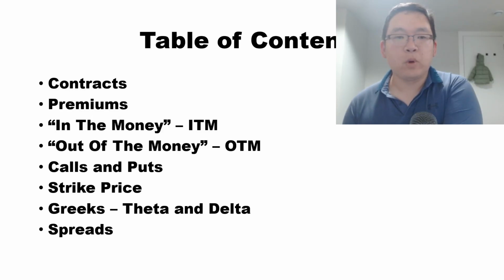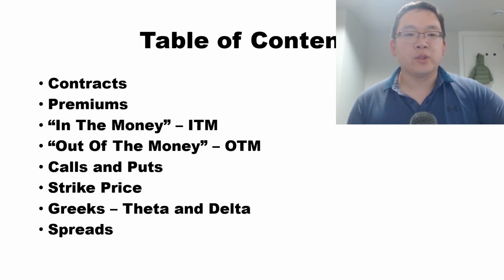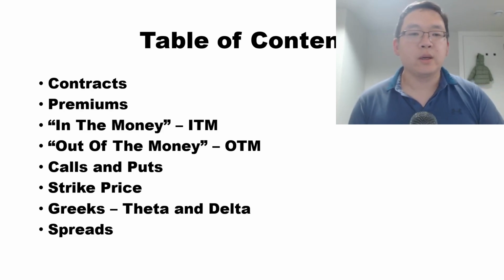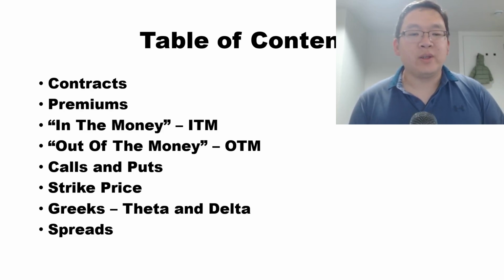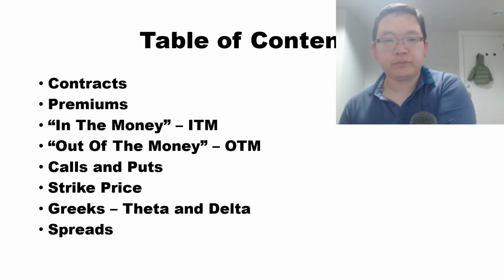So I've essentially boiled down understanding options to these topics that you see here: contracts, premiums, in the money, out of the money, calls and puts, the strike price, the Greeks, especially beta and delta, and spreads. I believe that once you understand all of these terms, you will be able to understand options and potentially get out there and do options transactions of your own without feeling like you are lacking knowledge.